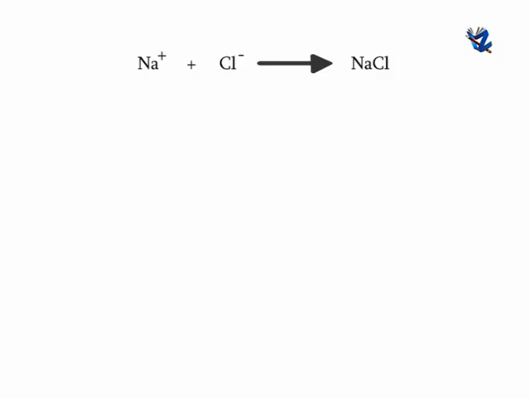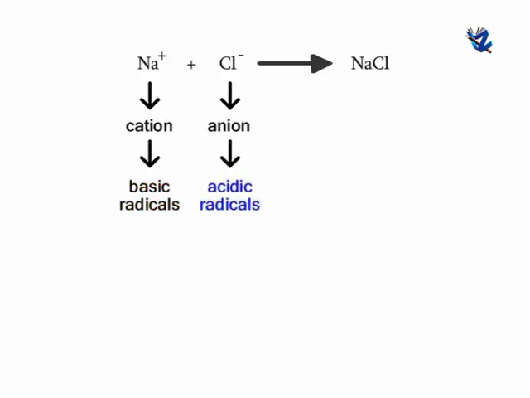Compounds with ionic bonds have two constituents. These are a cation, that is a positively charged ion, and an anion, that is a negatively charged ion. They take part independently in chemical reactions and are therefore called radicals. The cationic radicals are also called basic radicals, and the anionic radicals acidic radicals.